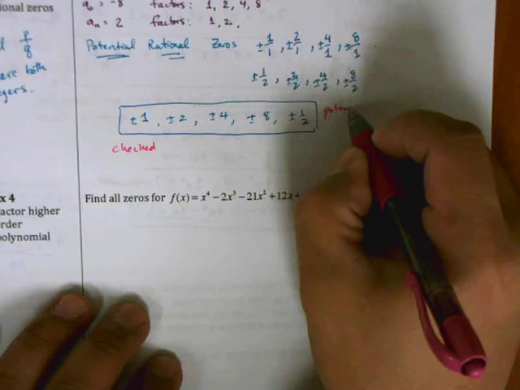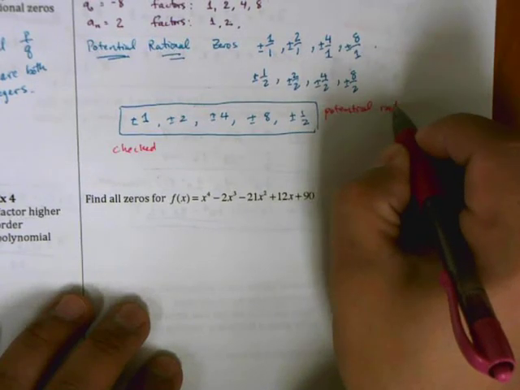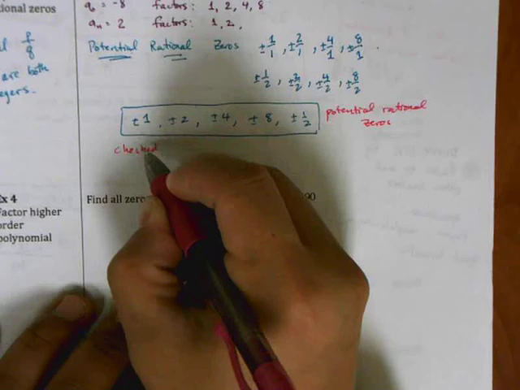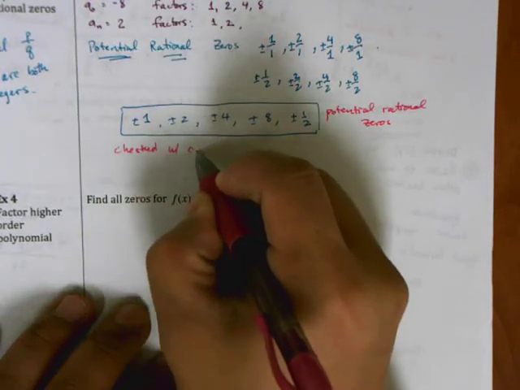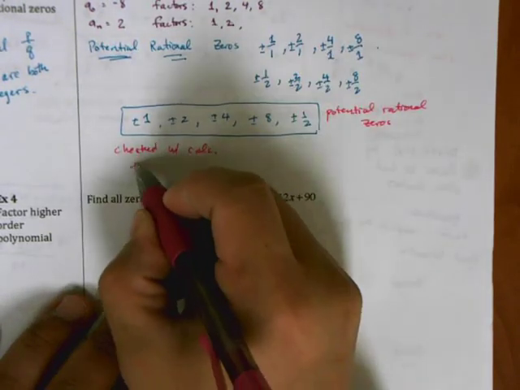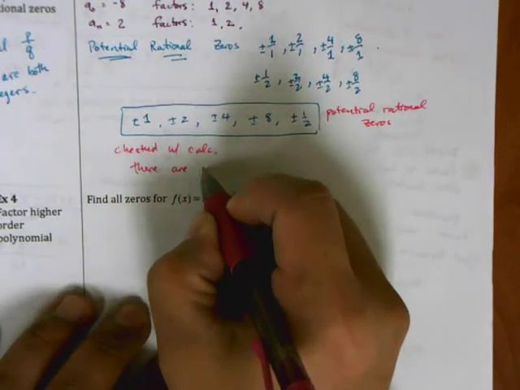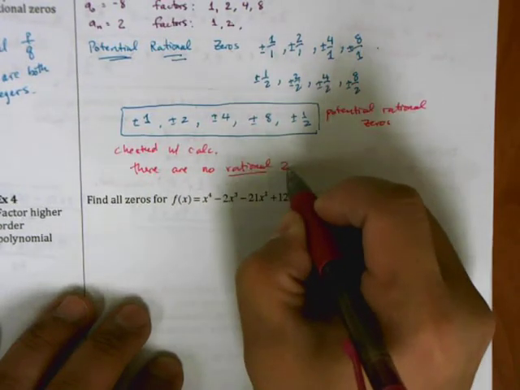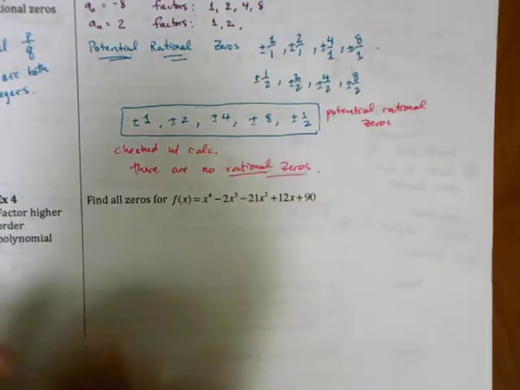These are potential rational zeros, but then we checked with the calculator, and there are no rational zeros. Okay. And that's okay.